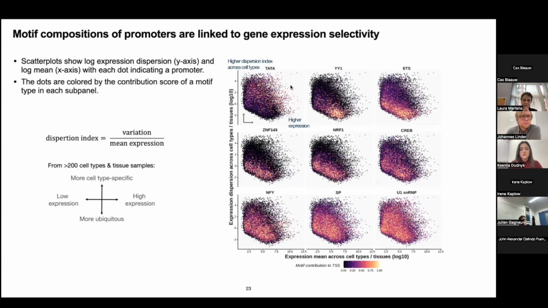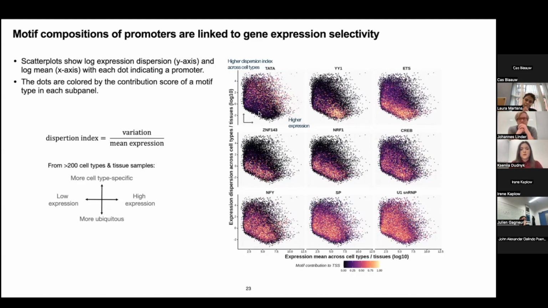On this scatter plot, every dot is a promoter, and it's colored by the contribution from the corresponding motif. So for example, here the dark dots are promoters that did not have contribution from TATA, but the bright yellow dots have a high contribution from the TATA motif. On the y-axis is this dispersion index. On the x-axis is the mean expression.